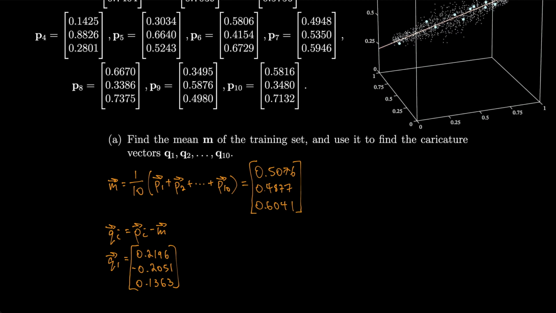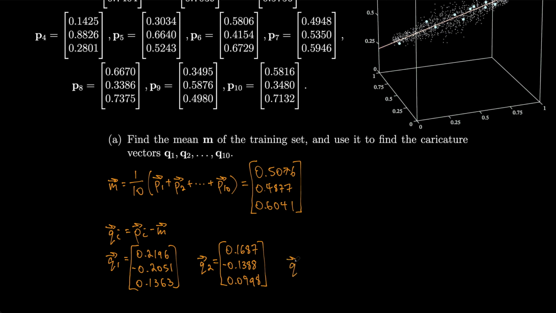Now we'll get q2, take p2 minus m, and we get 0.1687, negative 0.1388, 0.0998.